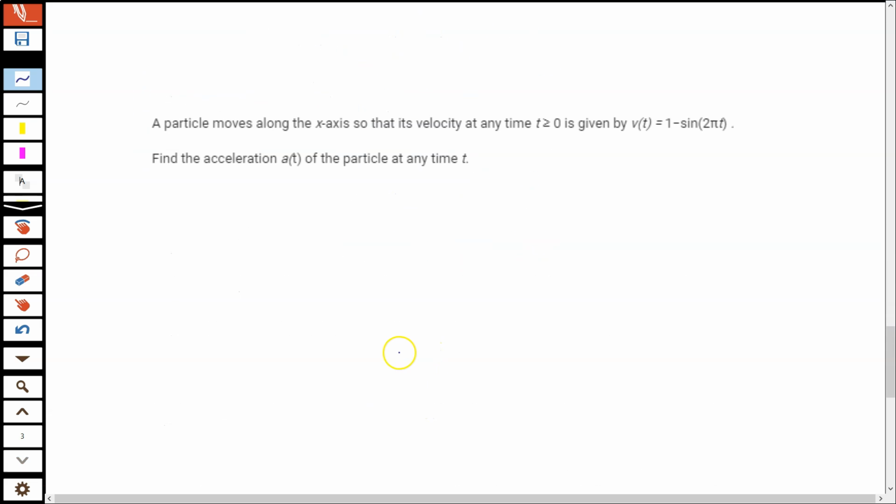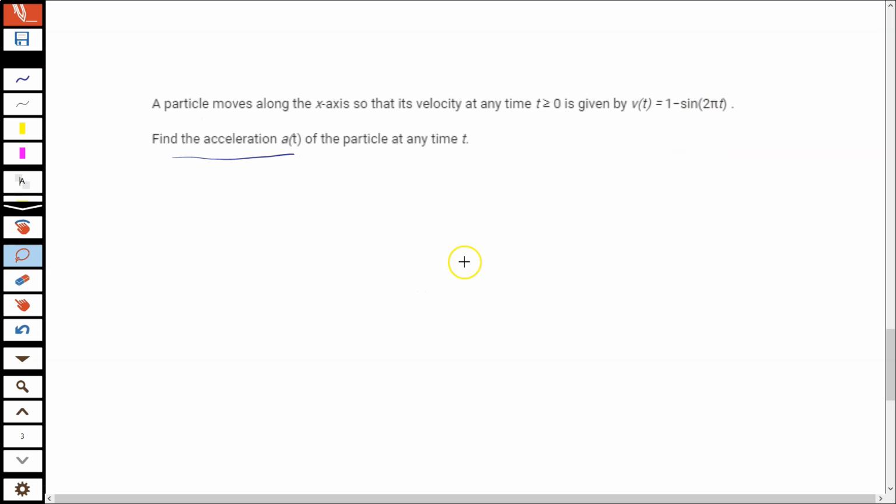We'll do just one more. And again, this one is not so bad. Find the acceleration a of t of the particle at any time t. We have v of t given by 1 minus sine of 2 pi t. So a of t is going to be the derivative of v of t.